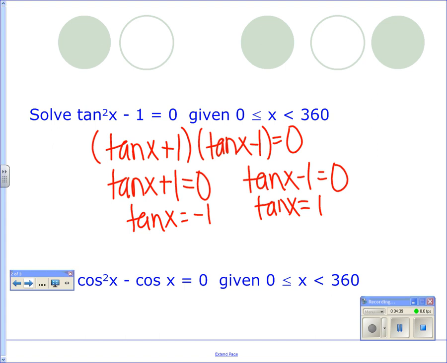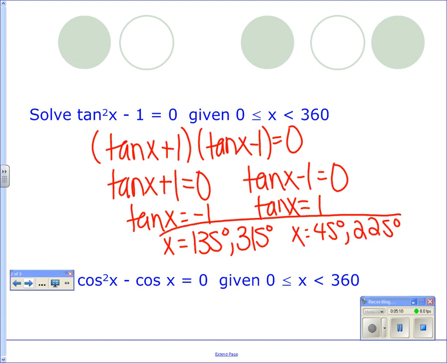Okay, so when is it a -1 though? 135 and 315, the second and the fourth quadrants. And then when is it going to be a +1? 45 degrees and 225. Those are your 4 answers.